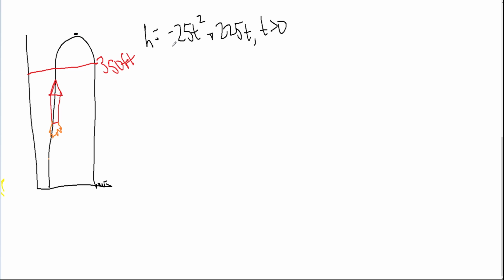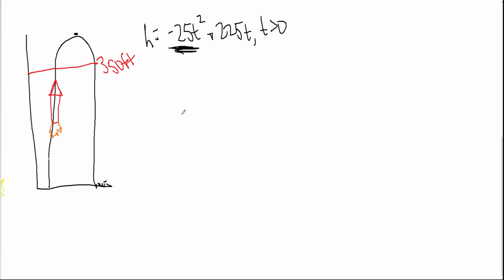But you can also take a look at your A term here, and if that's negative, you will know that a parabola opens downward. So if you didn't have this picture here, you'd have to mathematically remember what the significance of having a negative A value means.